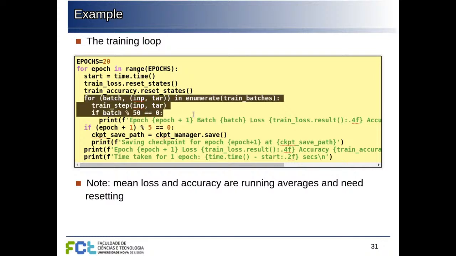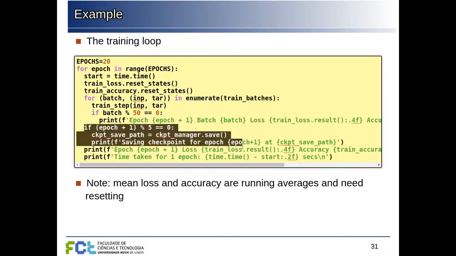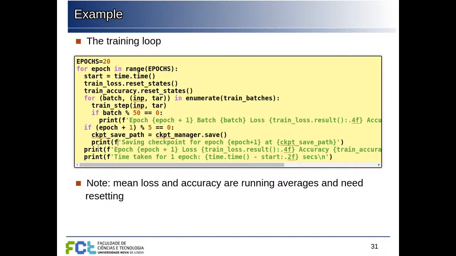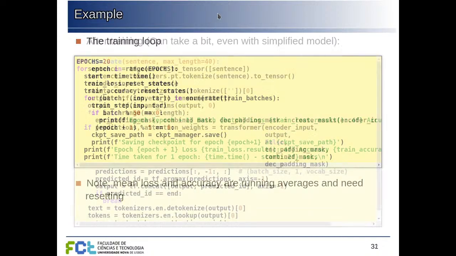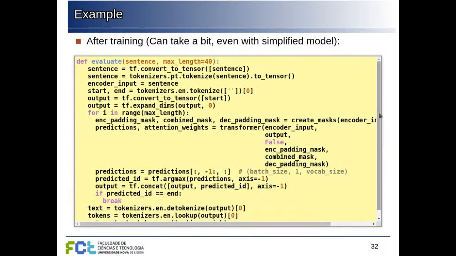And for each batch we're going to train, and every 50 batches we output the accuracy and loss so far. Every 5 epochs we save the checkpoint so that if something happens we can continue from there, and so on. So after training, we can now use the model to generate data.